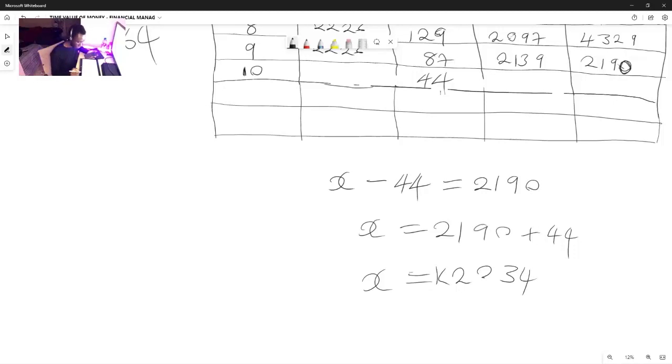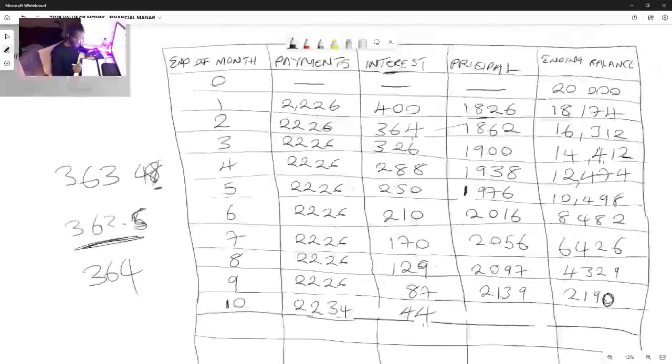So our x here, which is our payment, is 2,234. We're going to put this 2,234 here under our payments. So that's our final payment for month 10.